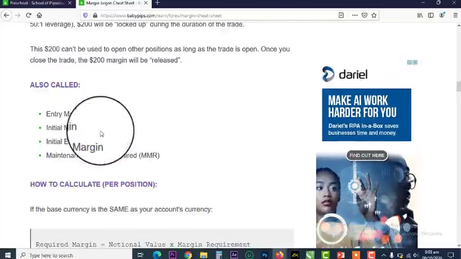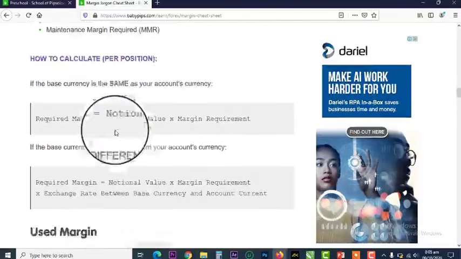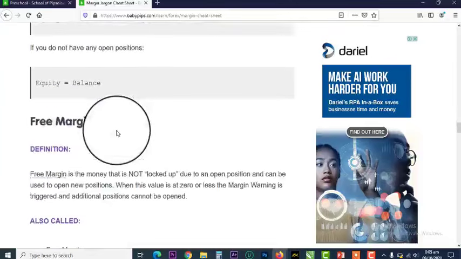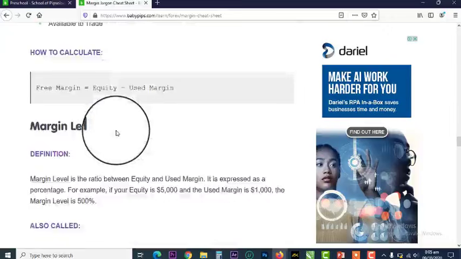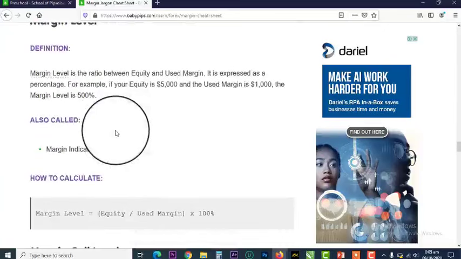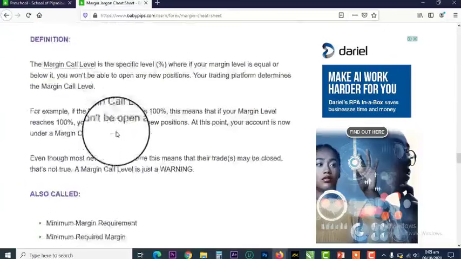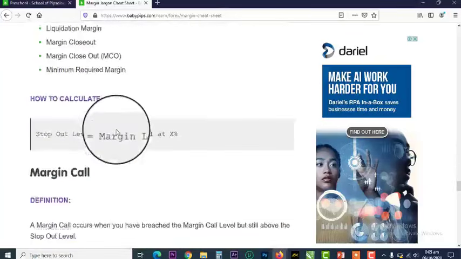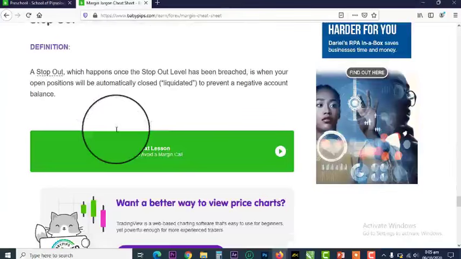It is also called entry margin. You will not see all this in your MetaTrader 4 when you are trading, right? So margin level, you want to see your margin level. Like I said, your broker calculates all of this for you instantly once you're in the live market.